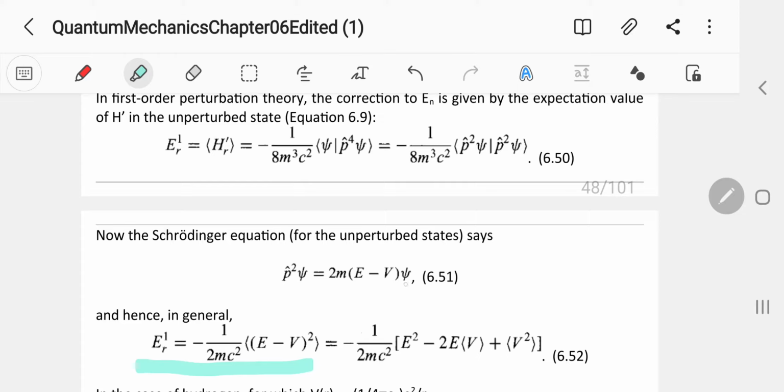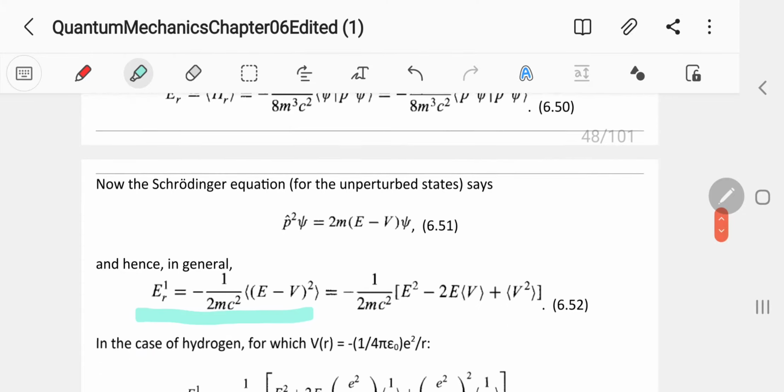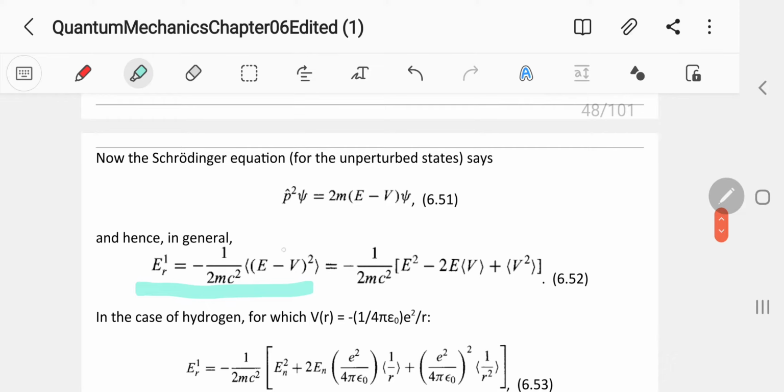So if you expand this term, you will have this one here.